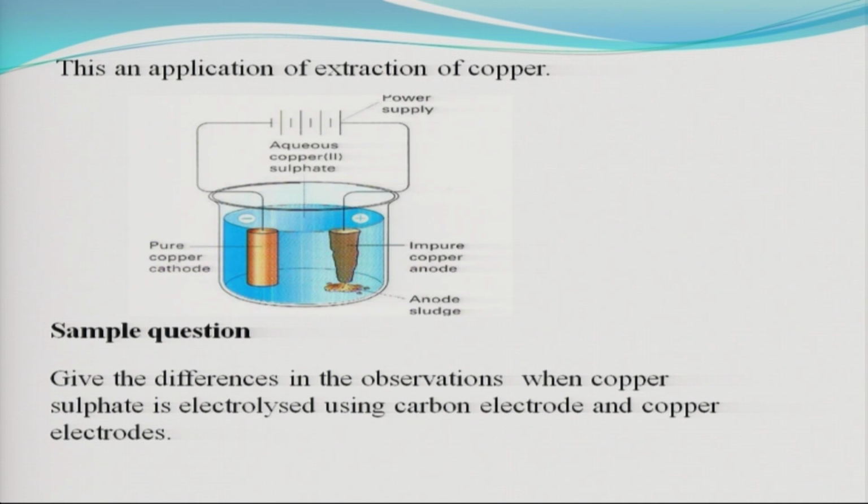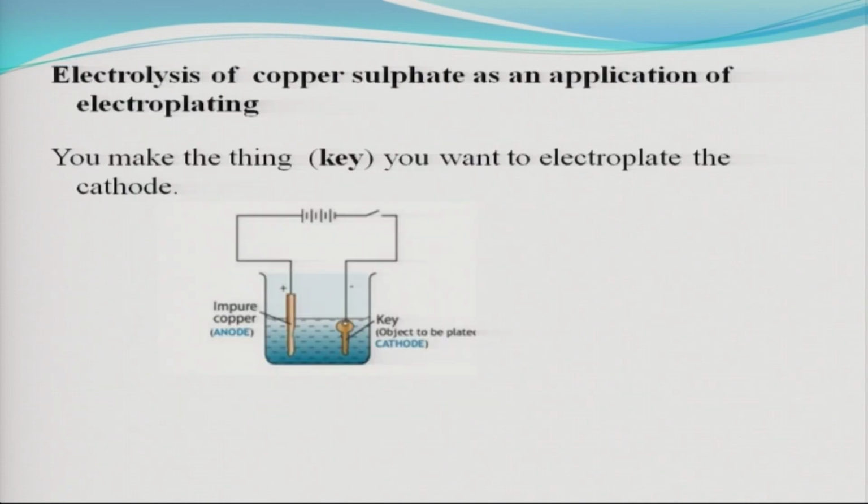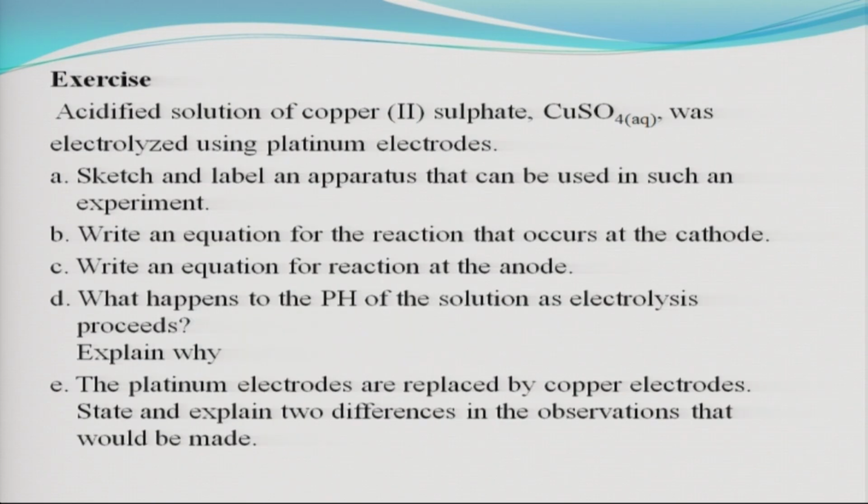As we come to the end of our lesson today, I'm going to leave you with an assignment, a simple question. It's about electrolysis of copper sulfate, where they are asking you to sketch and label an apparatus that can be used in such an experiment.